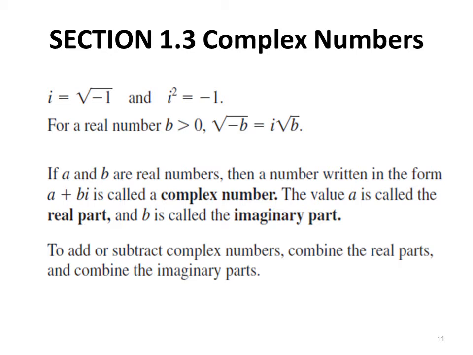The next thing we can do, what do we know about i? Well, for one thing, we know it is not a real number. Also, if you take i squared, if you square the square root of -1, you end up with -1. This is now the building block for all complex numbers. The number i is just the square root of -1, and of course that means that i squared is equal to -1.